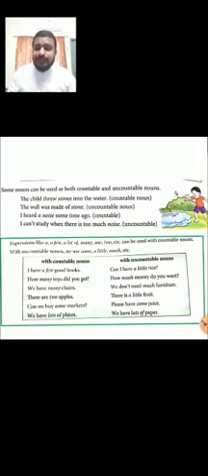And with this, we are ending the chapter. In this chapter, we saw countable nouns as well as uncountable nouns. We have said that countable nouns are the nouns that can be counted, and uncountable nouns are the nouns that cannot be counted.